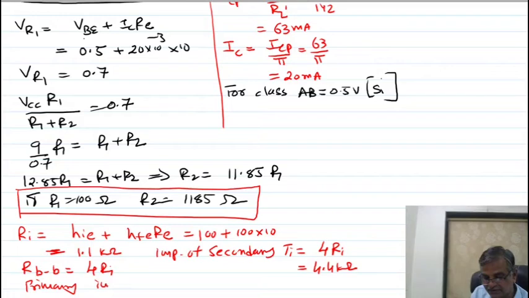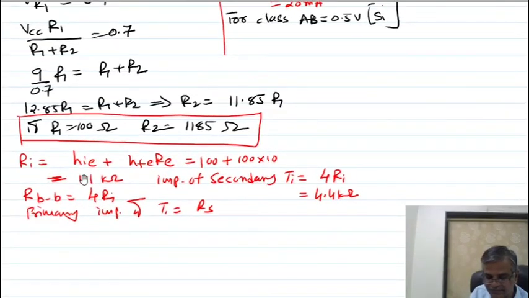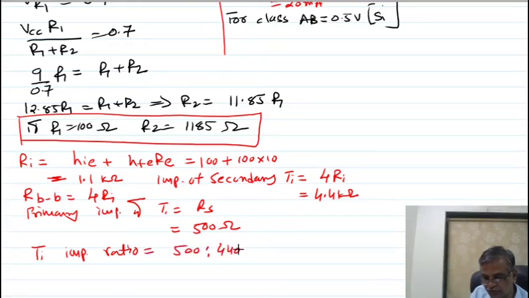Primary impedance of Ti should be equal to Rs. So I can write it is 500 ohm. Therefore, for Ti impedance ratio is equal to 500 is to 4400 ohm.